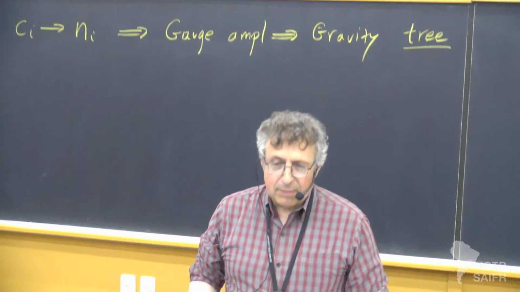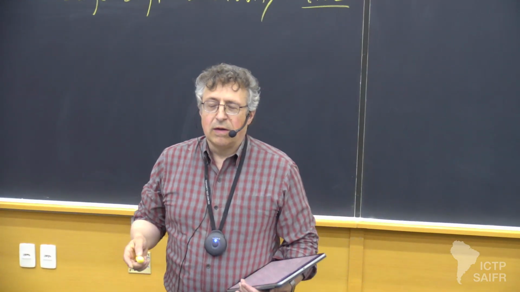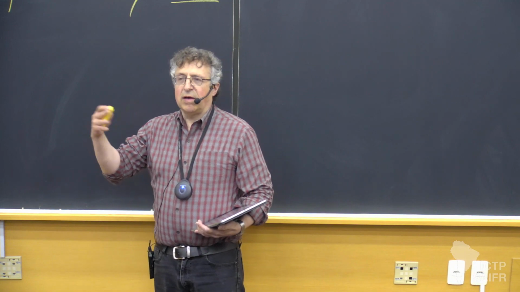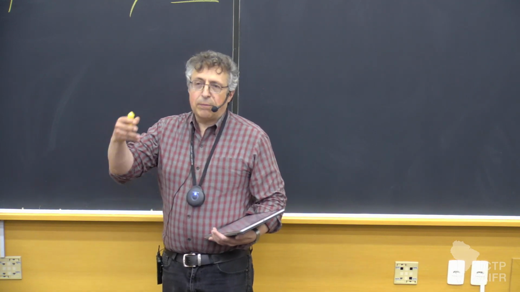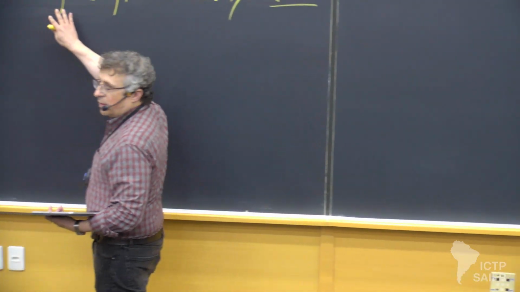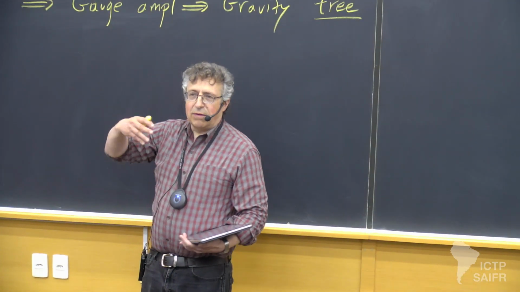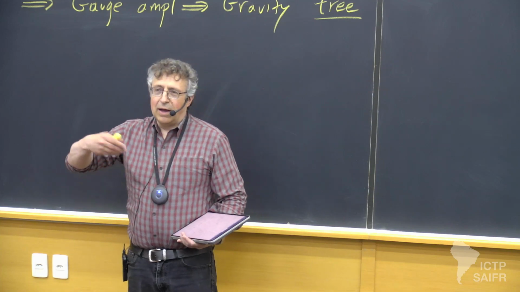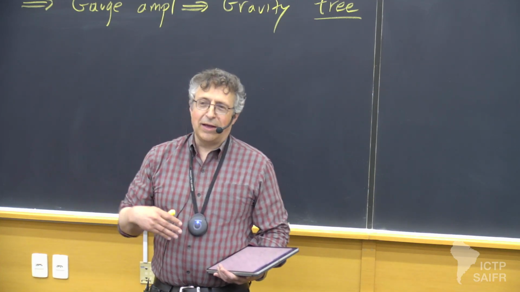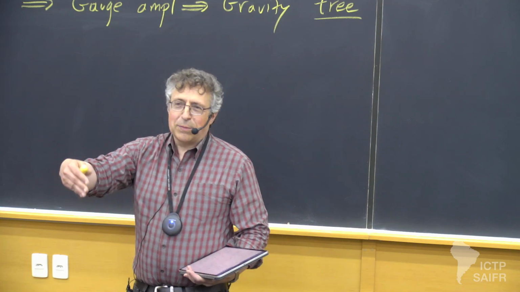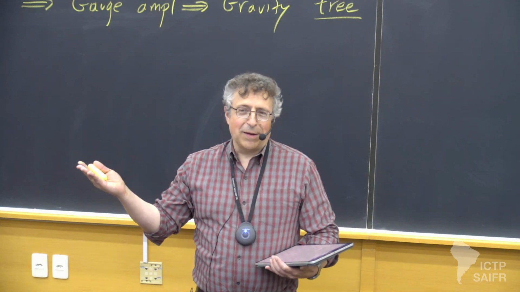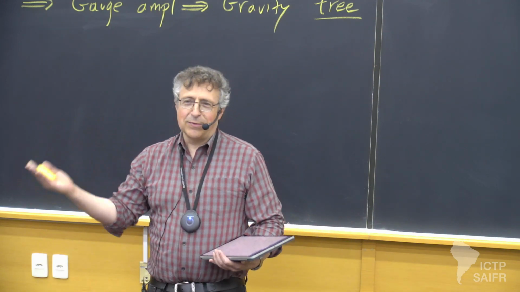Now, maybe one comment is that in Yaroslav's lectures, this was not apparent. He was talking, for example, about BCFW. At the 3-point level, it was apparent. At the 3-point level, this is actually trivially true, and then you can feed that into the BCFW recursion relation, and you get gravity amplitudes. Those gravity amplitudes are organized the BCFW way, not the color-kinematics way.